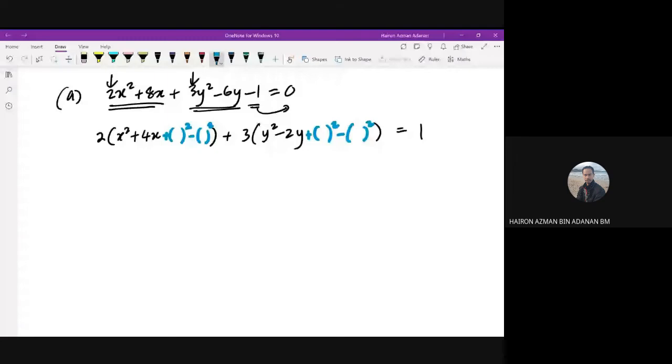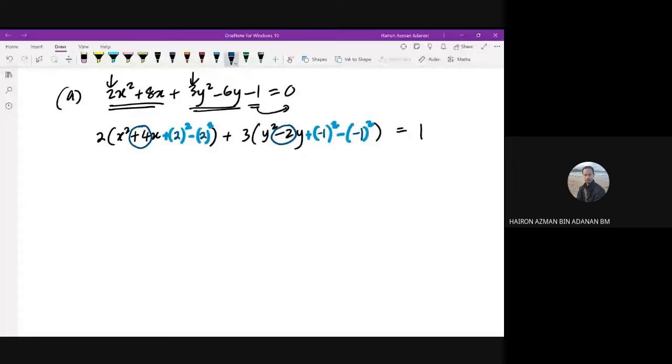Half times 4, that is 2, 2 here and 2 here. This one is negative 2 times half, so negative 1 and negative 1.